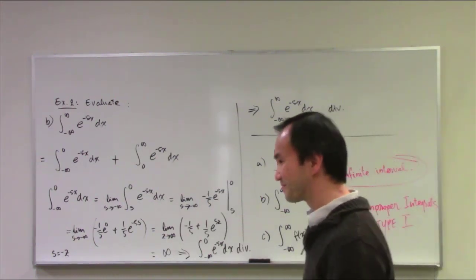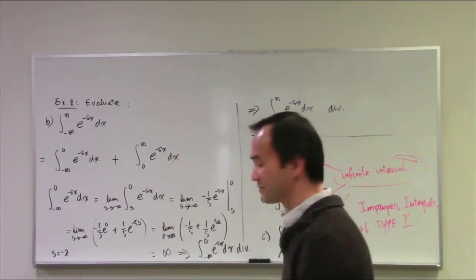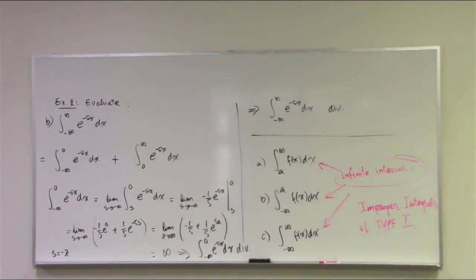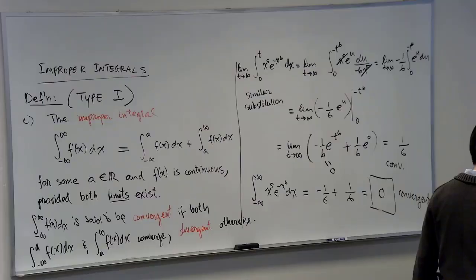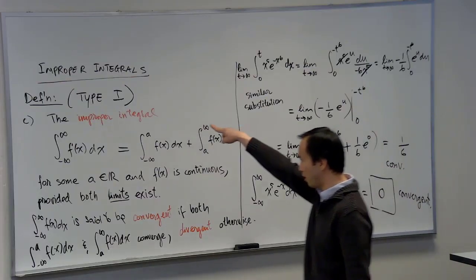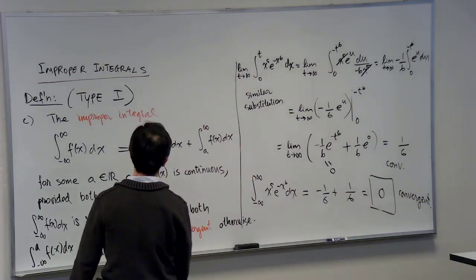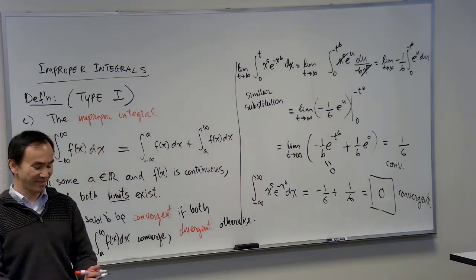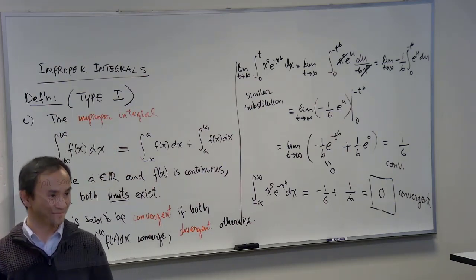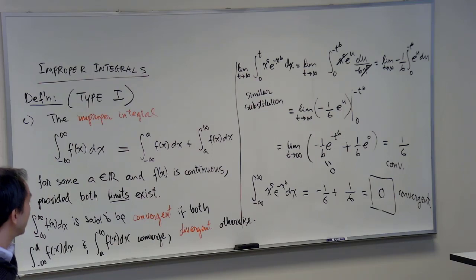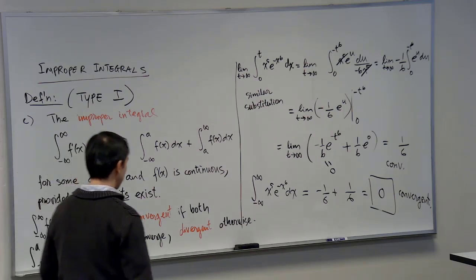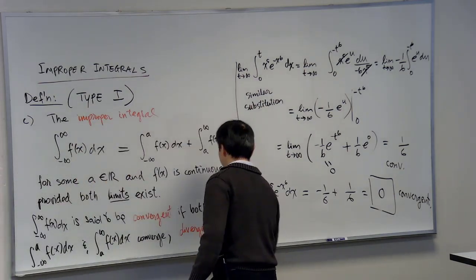Sounds good? That's why in this definition right here, I want you to label it as type 1. It's a definition for those type 1 improper integrals. Any questions? All right, so now let's look at this problem right here.